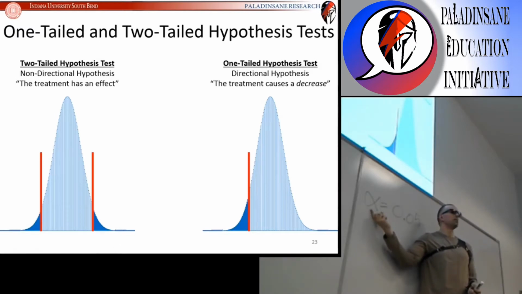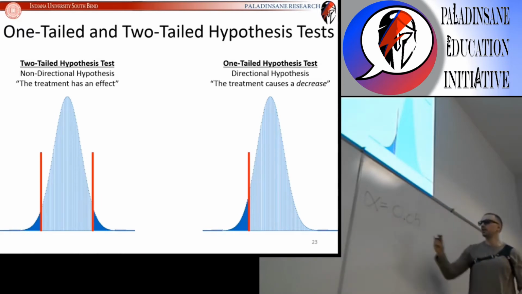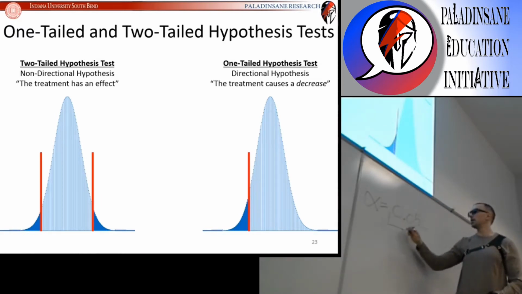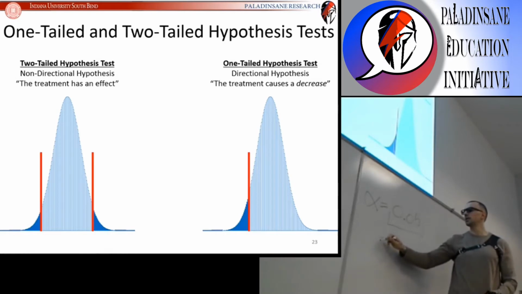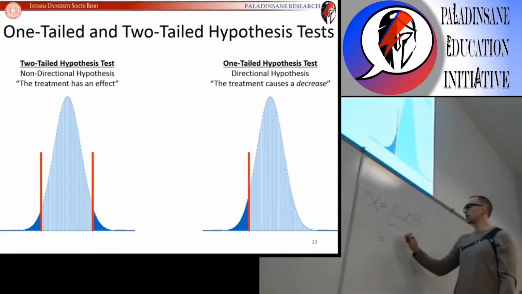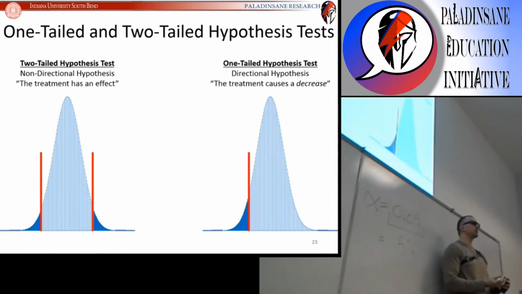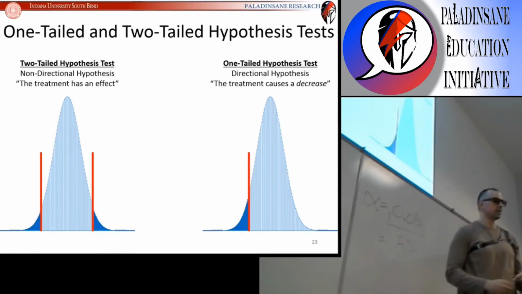Think about the alpha dog. Think about the alpha in a group. It's the most important one. That should be a clue that this is an important number. And this number determines the percentage of your distribution that is in the tails. So this number here is 5%. So if you have an alpha of 5%, you need to put 5% in the tails.